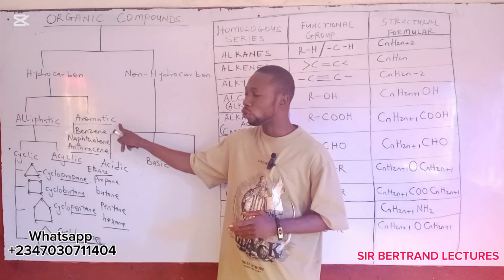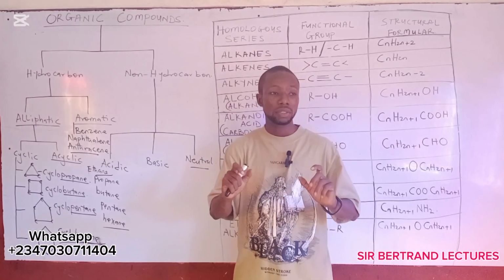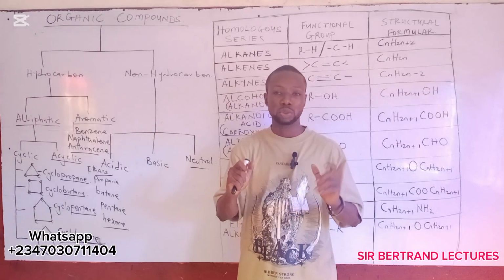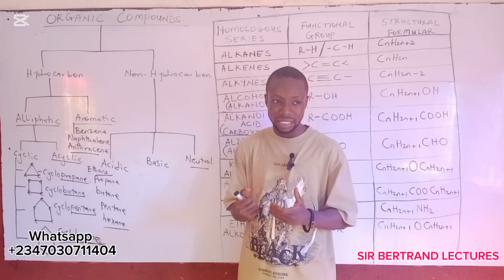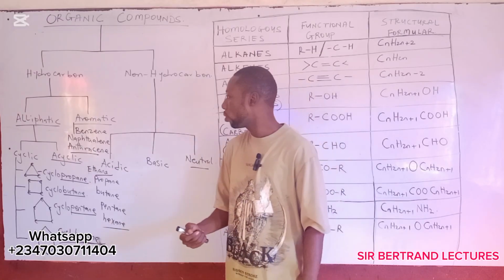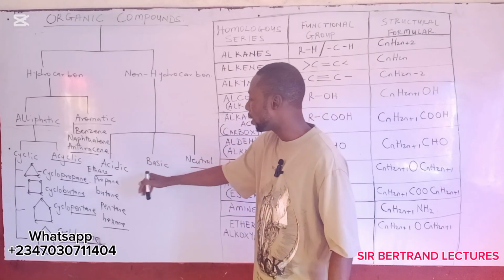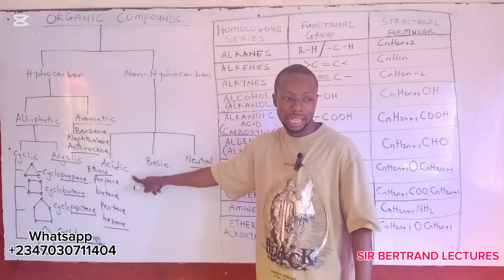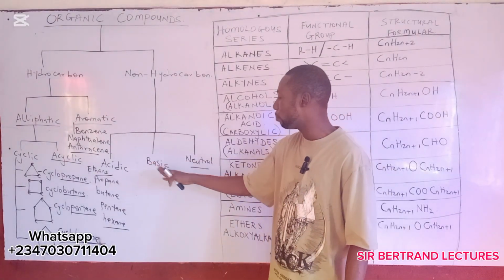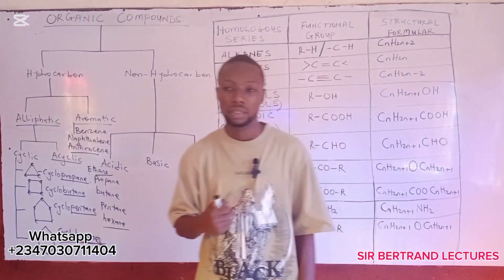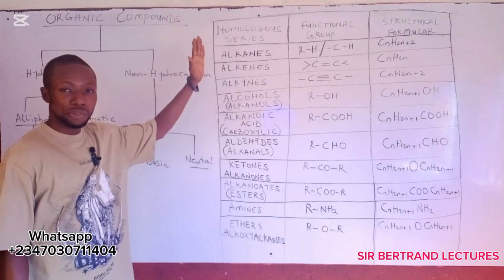Aromatic hydrocarbons have a very sweet smell, and they possess the benzene ring structure. Then the non-hydrocarbons are categorized as acidic, basic, and neutral. Do you understand? Now we are going to look at different functional groups.